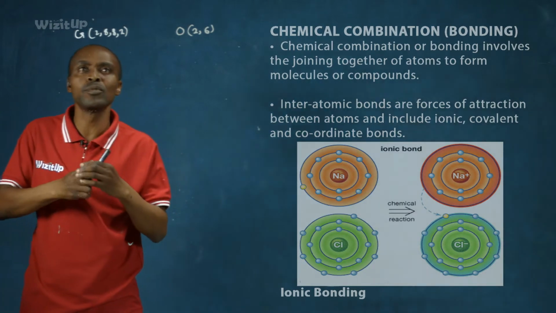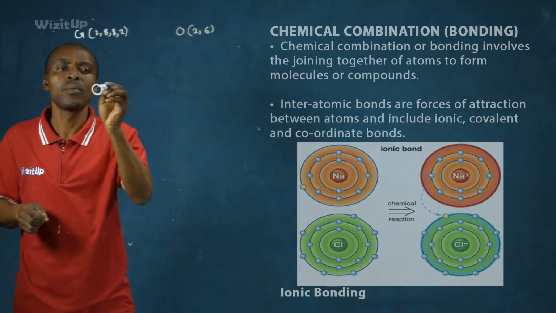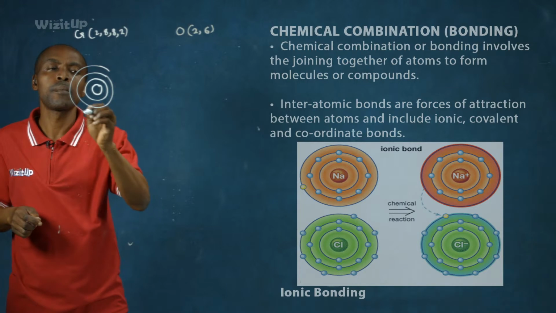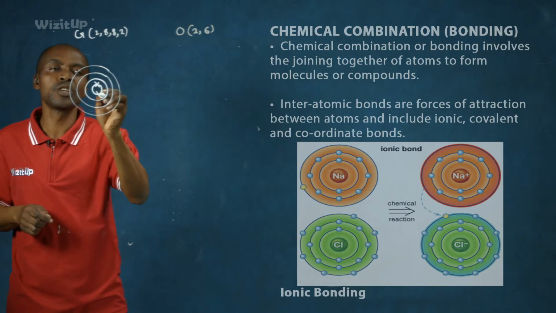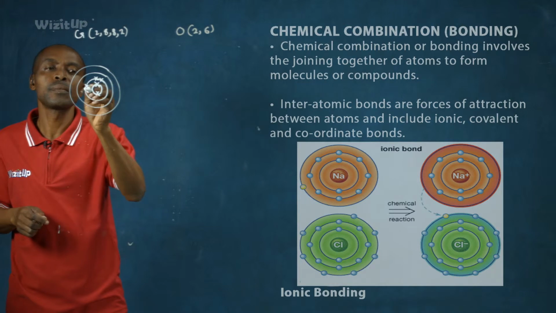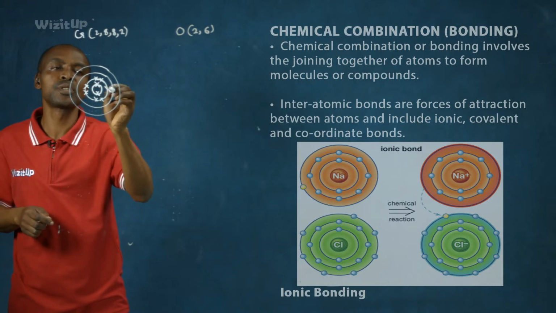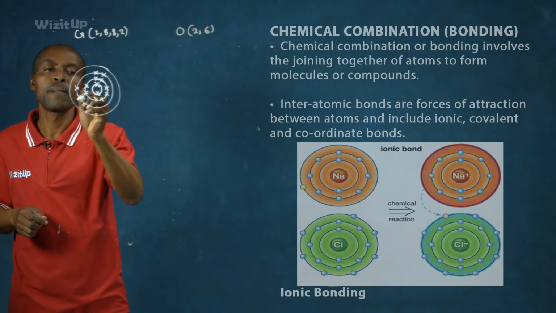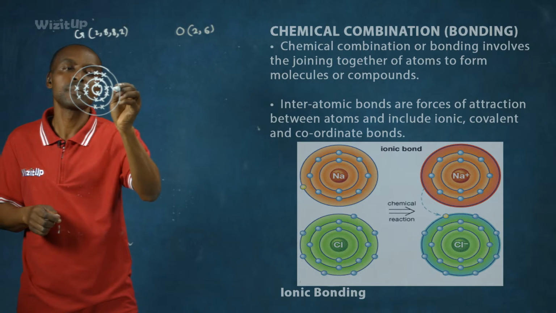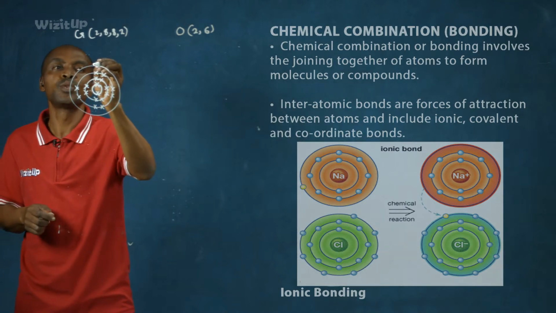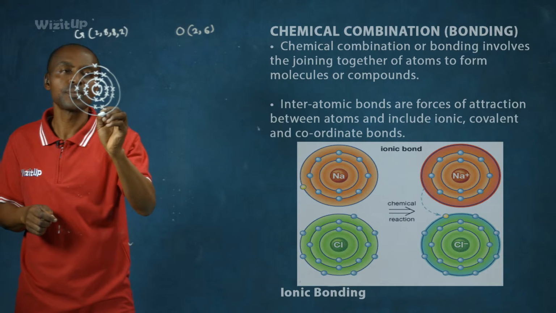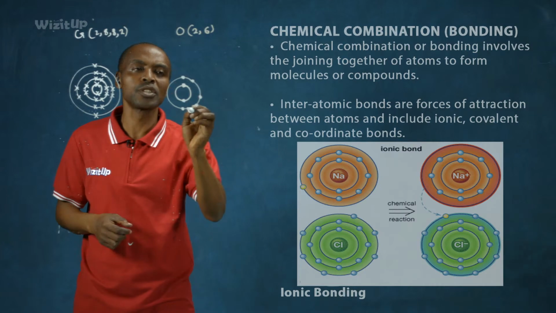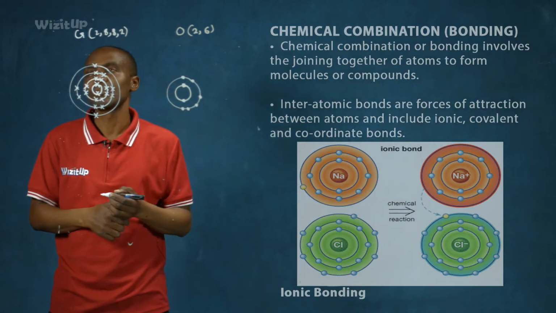So for the calcium atom, the electronic diagram would be 2 electrons, 8 electrons, and 2 electrons. For the oxygen atom, I have 6 electrons in the outer shell.